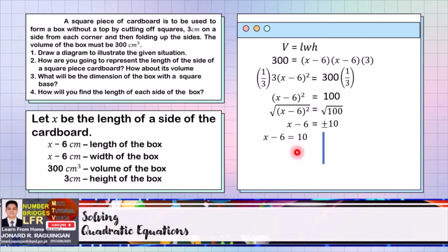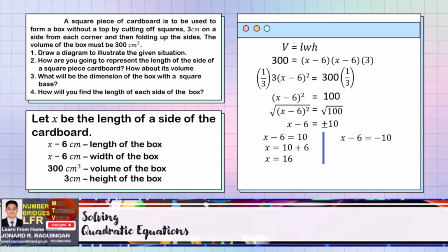Then, by applying the addition property of equality, add 6 to both sides. We have x is equal to 10 plus 6. Simplify it, we have 10 plus 6 is 16. Then, we have the next equation, x minus 6 is equal to negative 10. By applying the addition property of equality, add 6 to both sides.